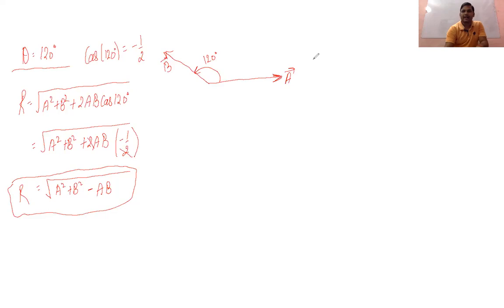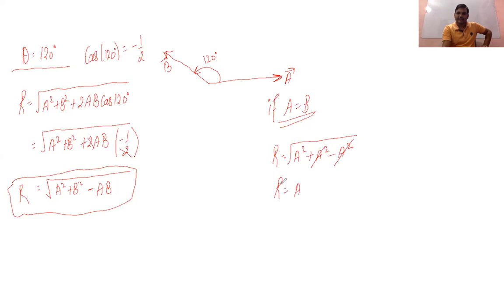In this case, if A is equal to B, the resultant R will become the square root of A square plus A square minus A square, because both are equal. A and B are equal, so I am writing in terms of A. The rest will be cancelled out, so the resultant will be only A.